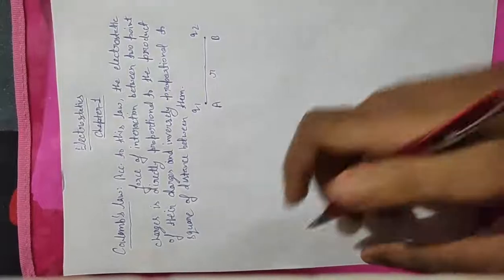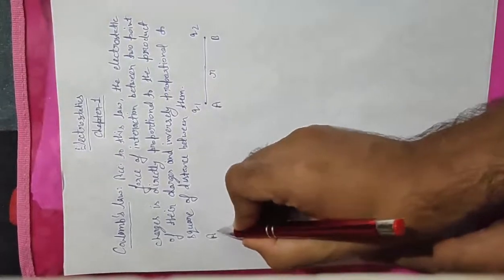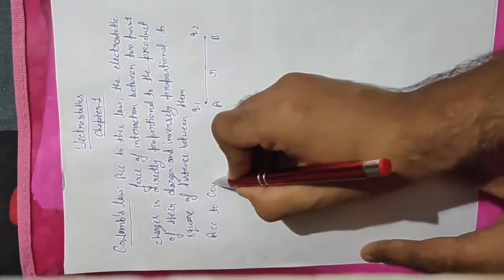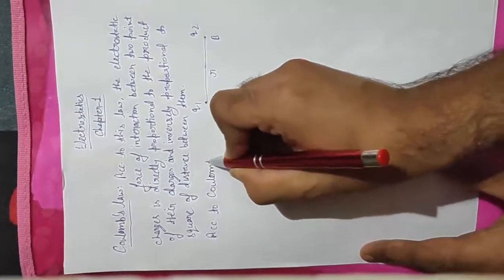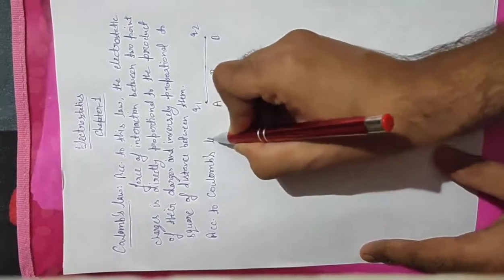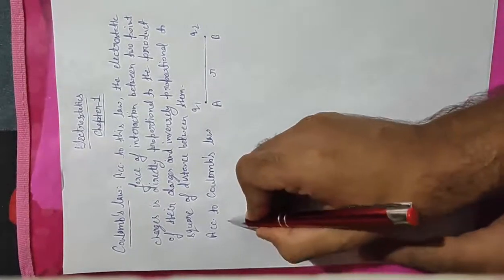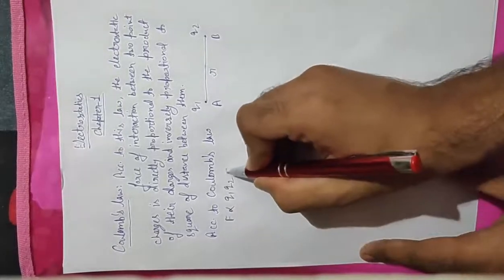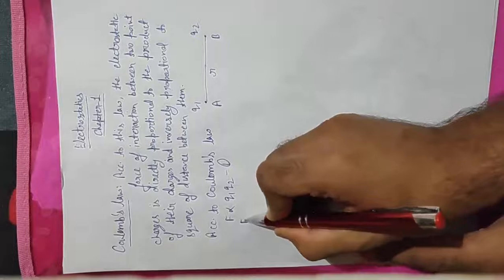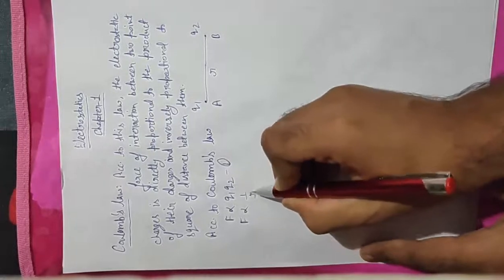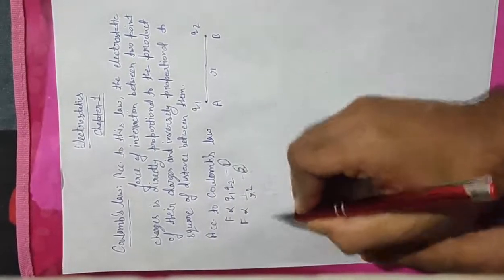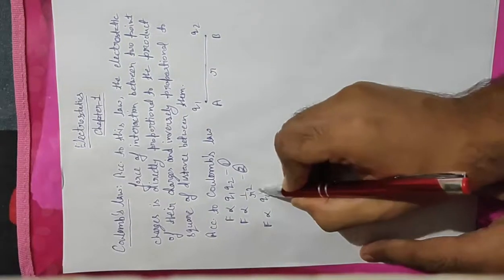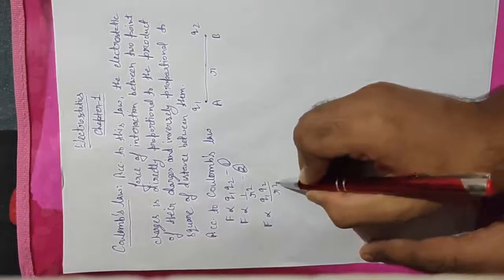Then according to Coulomb's law, F is directly proportional to Q1 Q2, first equation. F is inversely proportional to r square, that is second equation. Combining these two, we get F directly proportional to Q1 Q2 divided by r square.